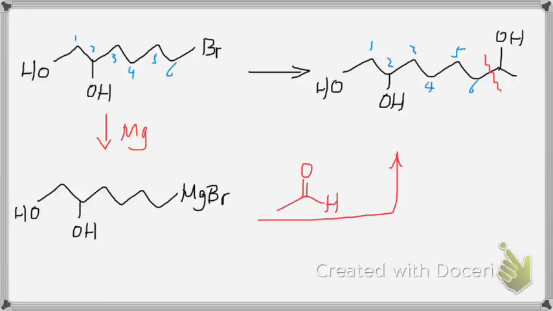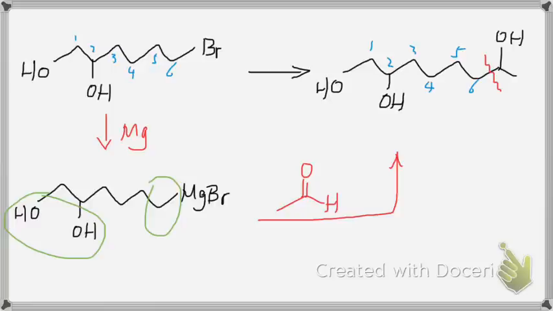We have 2 OH groups. Will Grignard survive with acidic protons? No. Right? We've learned before that Grignard reagents are strongly basic. So any acidic proton can react with Grignard. It's a carbanion.